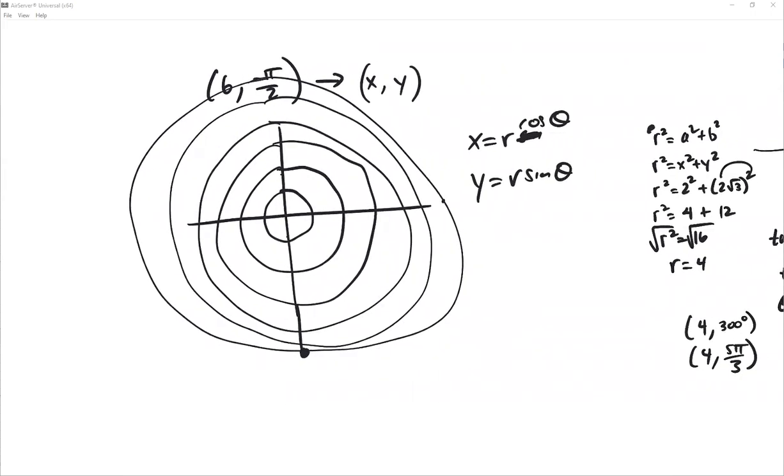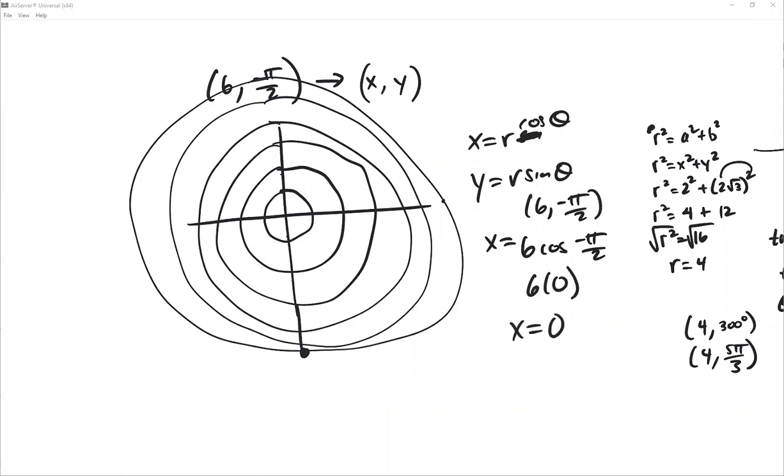So x is equal to, what's r? 6, negative pi over 2. What's r? 6 cosine negative pi over 2. What's cosine of negative pi over 2? 0, right? So 6 times 0 is 0.